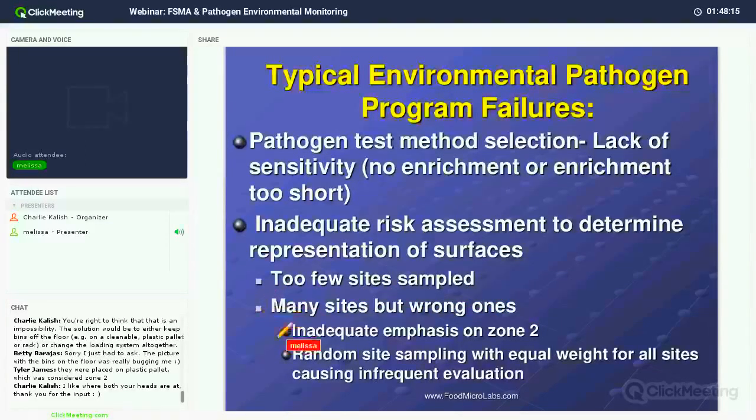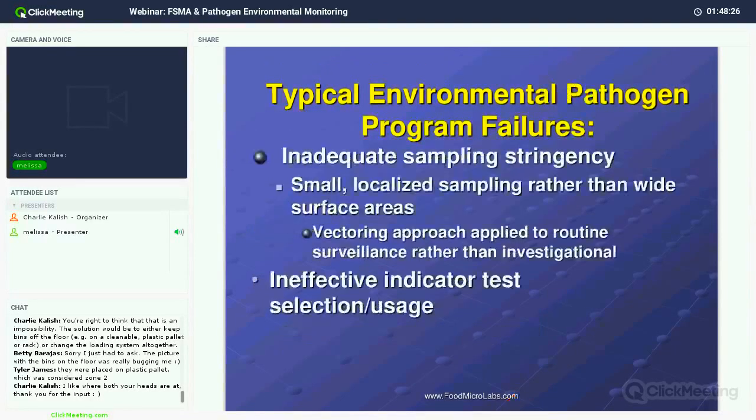Sometimes there's a lot of swabbing and sampling being done, but they're wrong sites or too small of sites, and so we can't represent everything without wide samples, and we don't know something is going on, which can cause a failure.